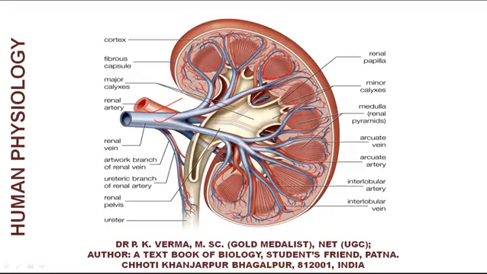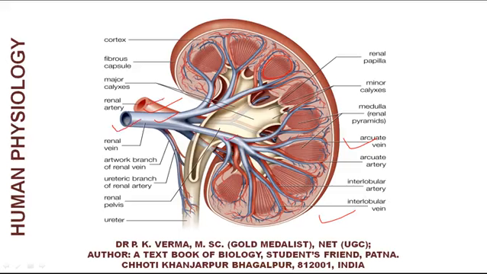They form arcuate vein, then they join together to form interlobular vein. These interlobular veins again join together and form the interlobar veins, and finally they come out as the renal vein.